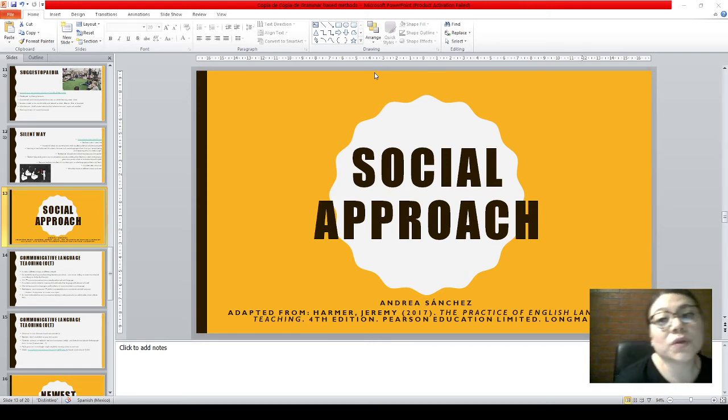Now, in task-based learning, again just like in the communicative approach, we have to figure things out, do research, and work on the language structures and vocabulary, and by the end of performing that task, the teacher would come to us and tell us what was wrong and what needed to be figured out.